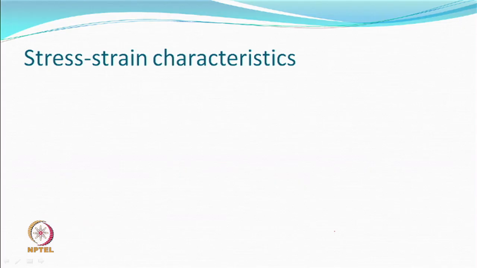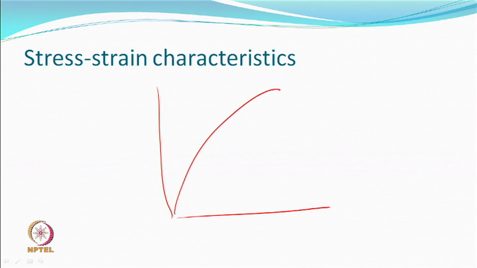So, this yarn, which we will call a high bulk yarn, would have typical stress strain characteristics of this type, which means there is no stretch.